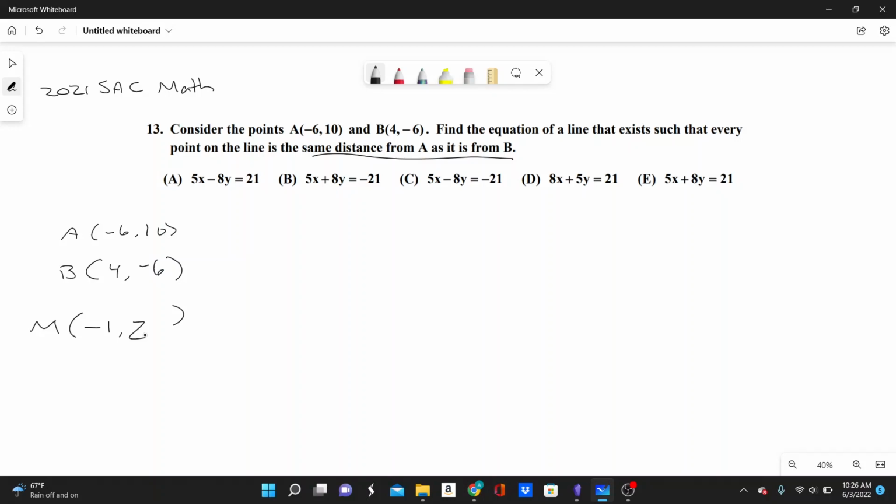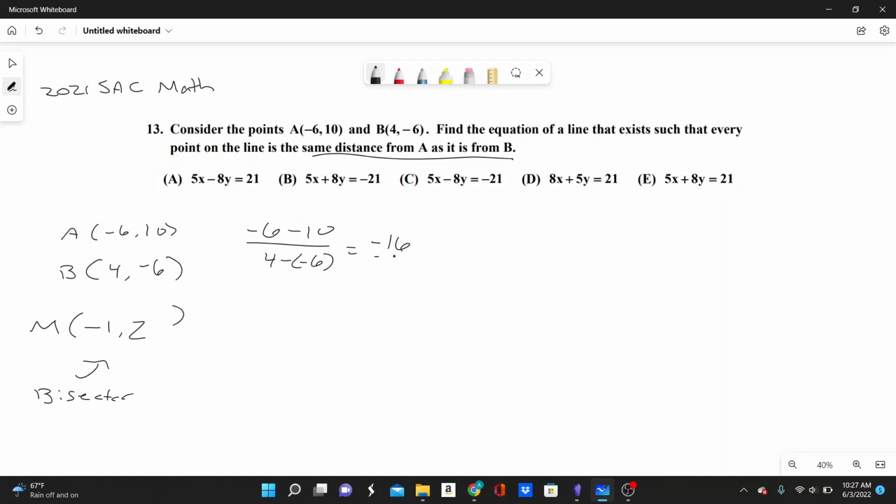Now for the perpendicular part, this is the part that's the bisector. And now we need to find the part for perpendicular. So, to find the perpendicular, we can first find the slope. Between A and B, our slope is going to be -6 minus 10 on top, and then 4 minus -6 on bottom.